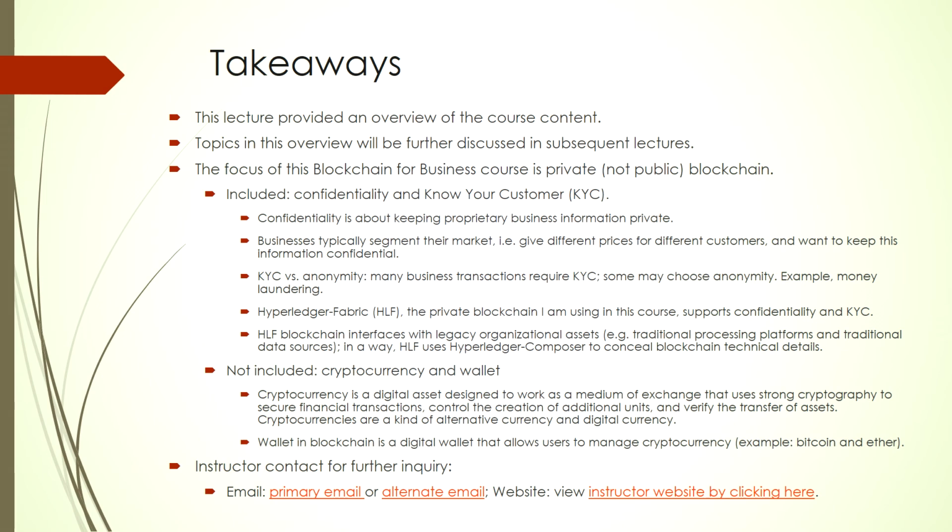The other item we're not going to be talking about in this class is wallet, but I just wanted to give you a heads up on what wallets are. Wallets are for managing your digital currency. Your Bitcoin or your Ether is managed by software called a wallet. So a wallet is basically like your wallet. It will tell you how much you have and what different fractions of currencies you have.